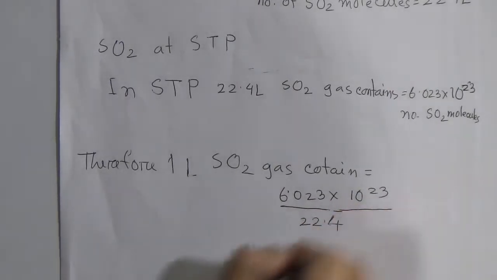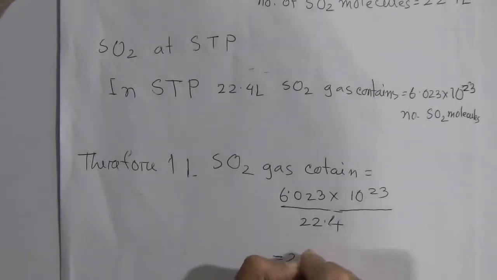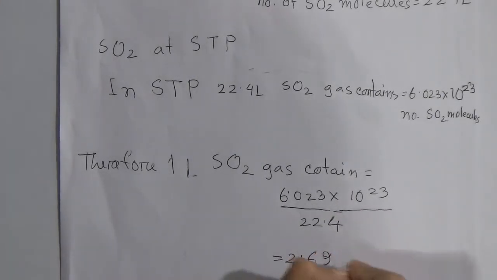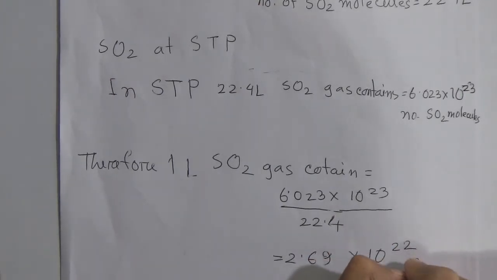If you calculate, you will get the number 2.69 multiplied by 10 to the power 22 molecules.